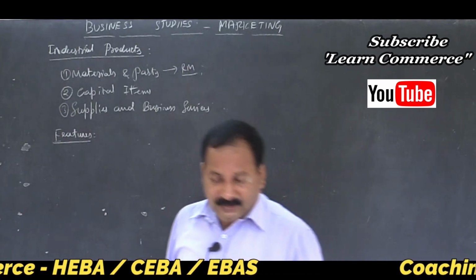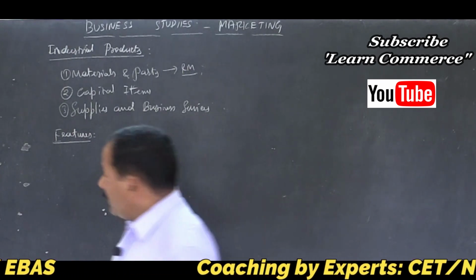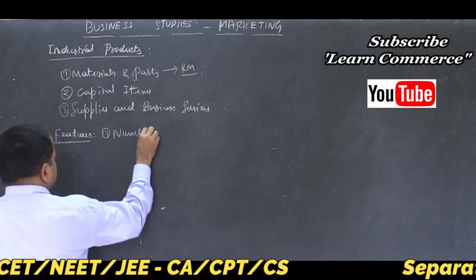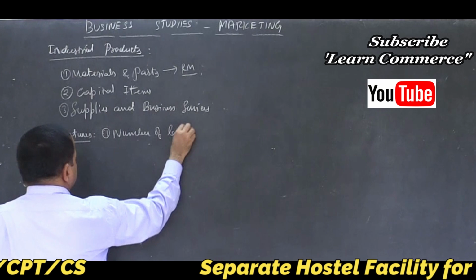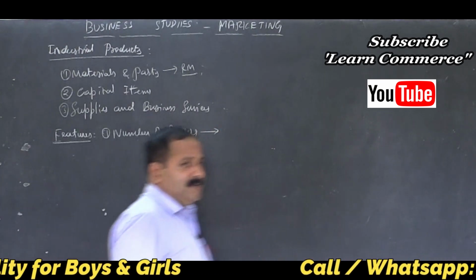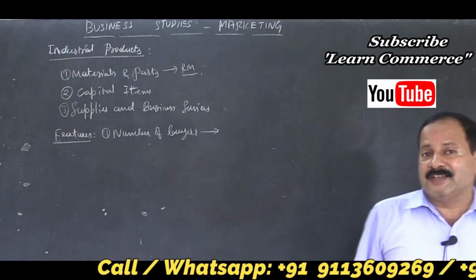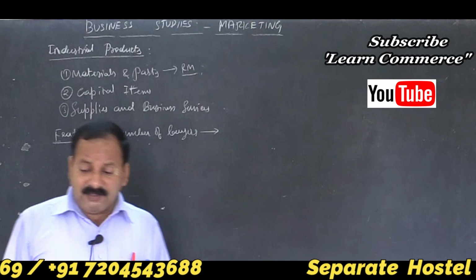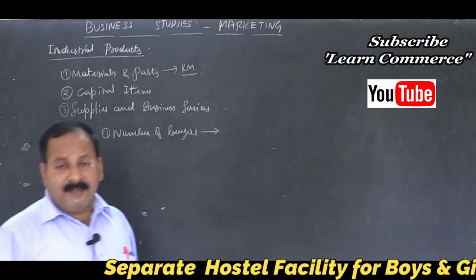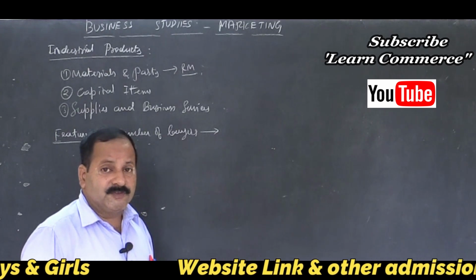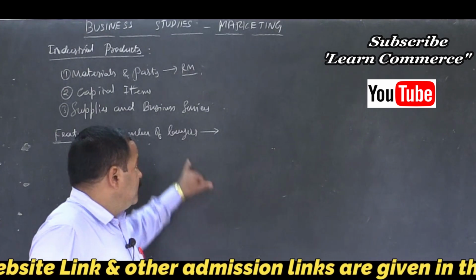Now features of industrial goods. First one is number of buyers. As I already told you, number of buyers in case of industrial goods is very less compared to consumer goods. Consumer goods, you can see a number of shops selling the same types of goods, or similar type of goods or identical goods they sell.